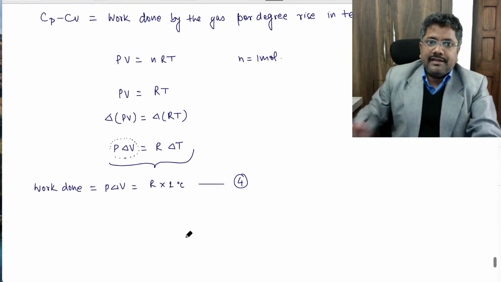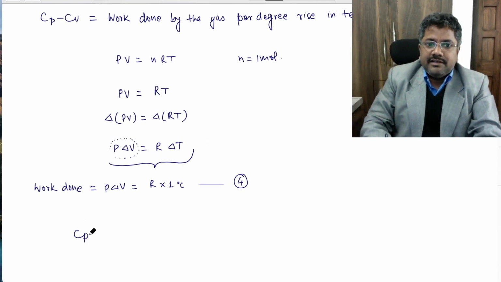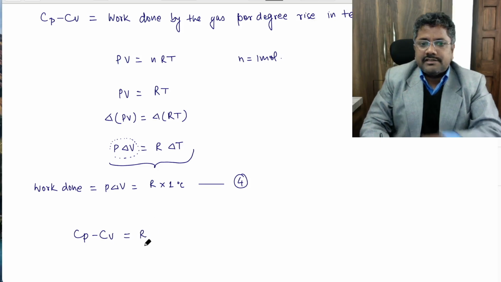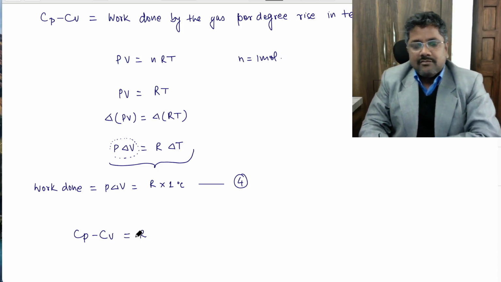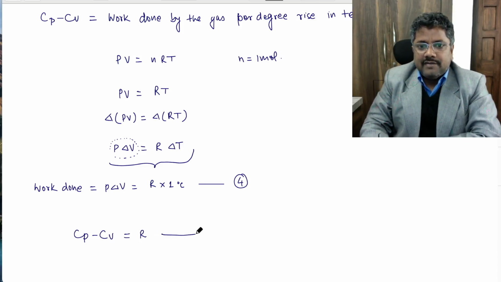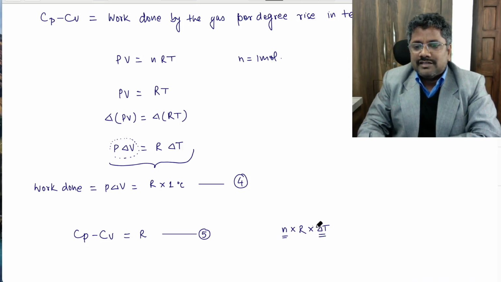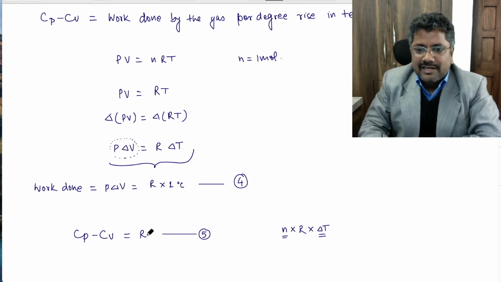So you can write Cp minus Cv is equal to R. If you see here, it looks like only R, but basically this is not exactly R, this is n into R into delta T. Since n is equal to 1 and delta T is equal to 1, this is basically R. So it appears like this, but actually it is this.